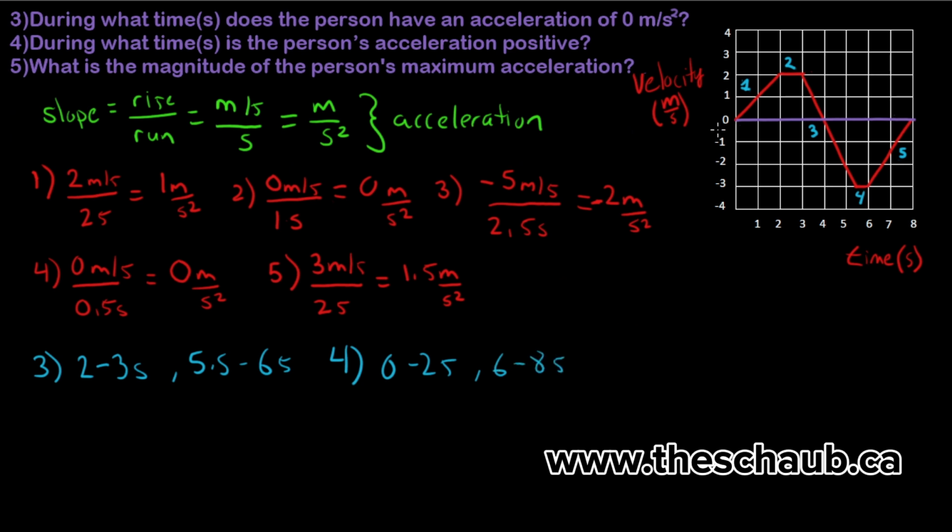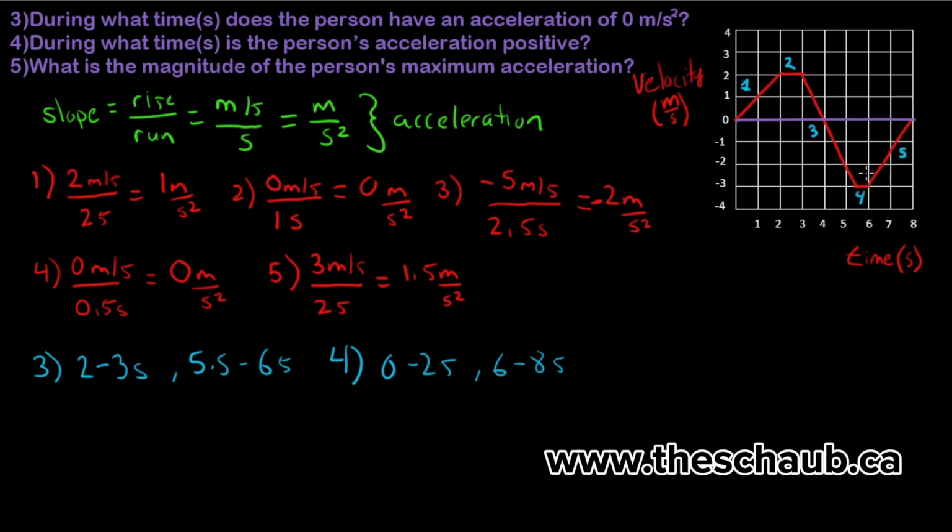When do we have positive accelerations on a velocity time graph? Well, it's when the velocities are either getting more positive or trending towards positive. I always say to find out if your acceleration is positive or negative, if you were to run this all the way to infinity, where would you end up? So this line, if we continued it all the way to infinity, we'd end up at a positive velocity.